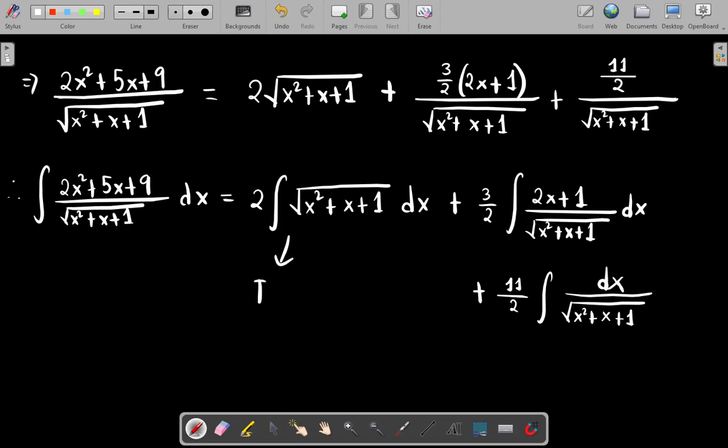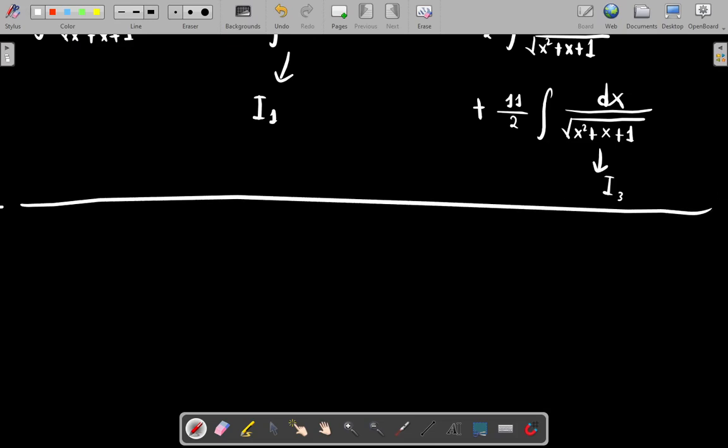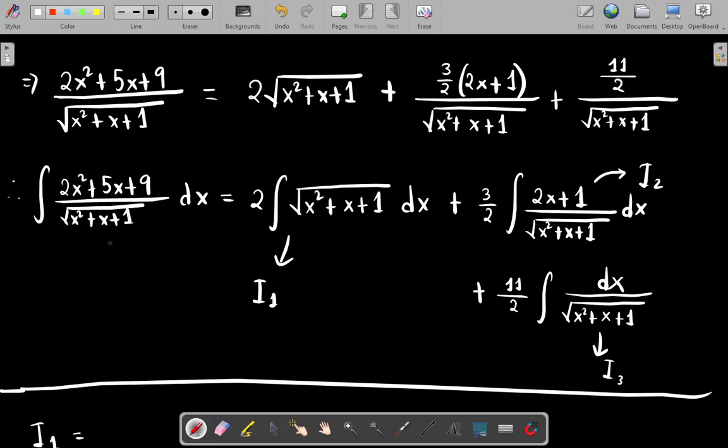If I take this as I1, this as I2 and this as I3, for all these three integrals, different integral formulas will be required. So if I write the formula one time, for I1, this is square root of x square plus x plus 1.